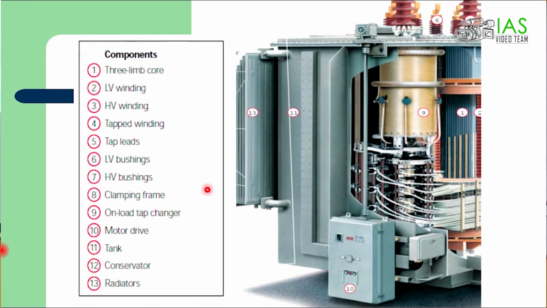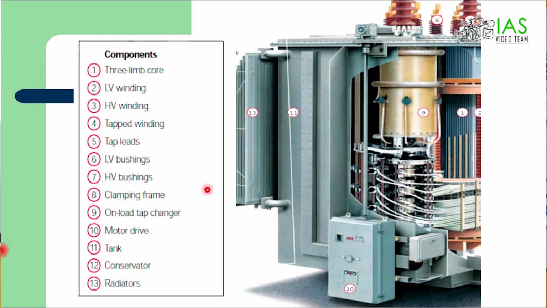The HV winding is number 3, and the tapped winding is number 4. Then the tap leads, and number 6 is the LV bushings.